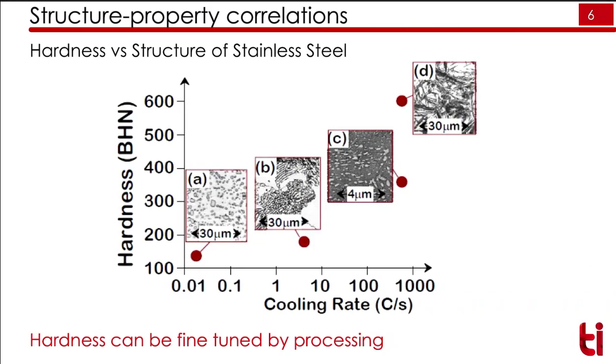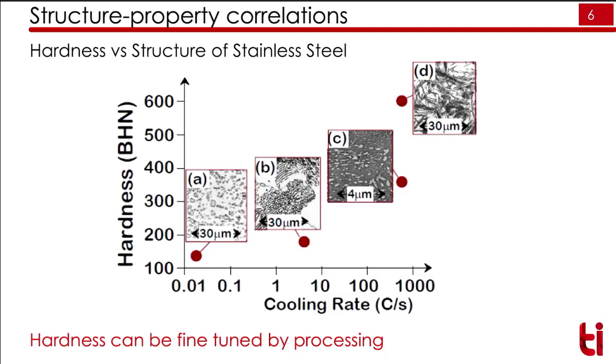The third one is of stainless steel. The x-axis you can see is the cooling rate, and the y-axis is the hardness. Bhn is the unit of hardness. If you cool the material very slowly or fast, the properties will change, and you can see the microstructure shown here.